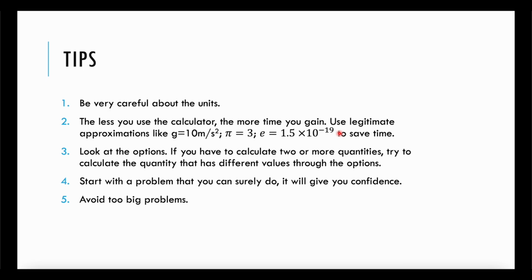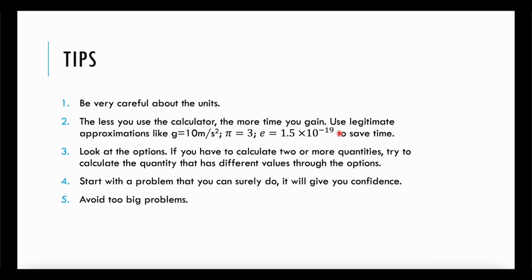So you need to be very careful about the units, and of course the less you use the calculator, the more time you gain. So you can use legitimate approximations like g is 10 meter per second square, pi is 3, and electron has a charge of 1.5 into 10 to the power minus 19 coulomb to save some time.